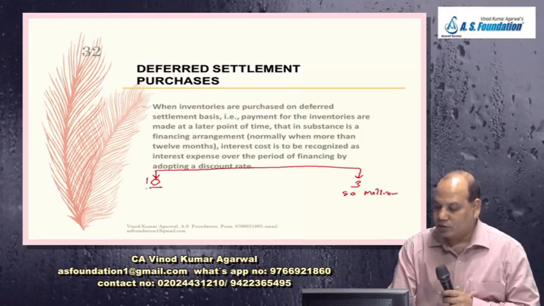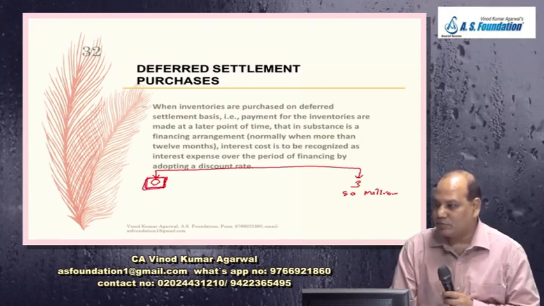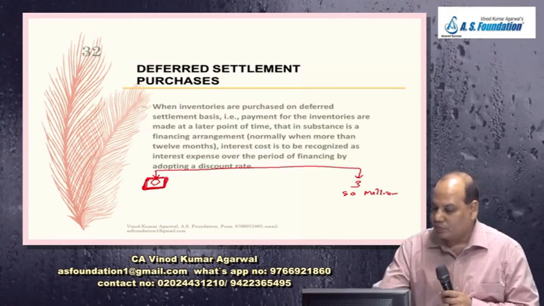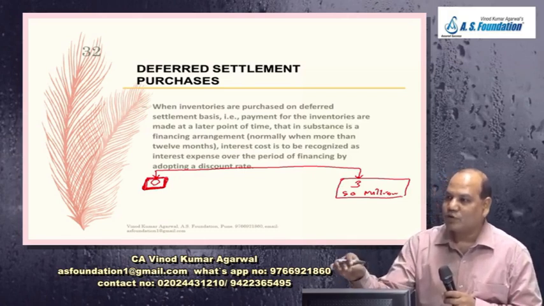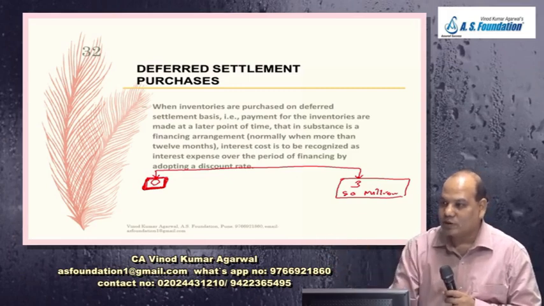What is the amount at which the inventory will be recognized today? 50 million or less than 50 million? Less than 50 million, because common sense, if you buy something today and pay after 3 years, will the supplier charge you the same rate, or will he include his finance cost or interest component in the selling price?